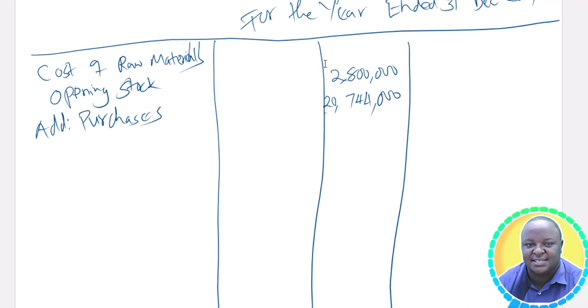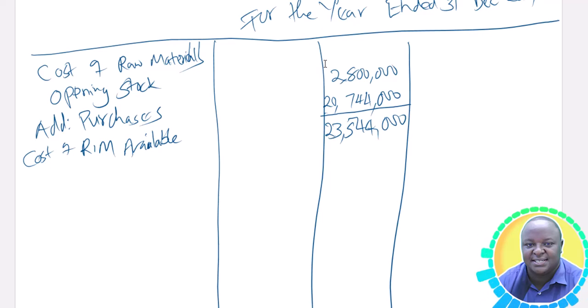Once you add the opening stock plus the purchases, you're going to get what you call the cost of raw materials available. If you calculate that, you're going to get 23,544,000.